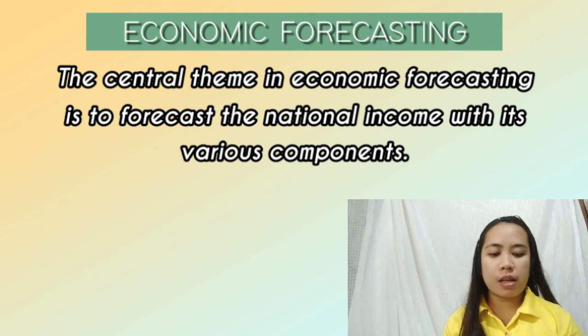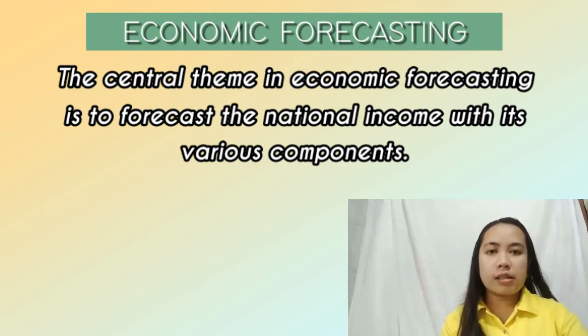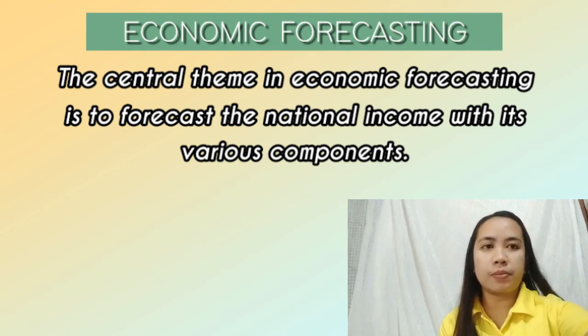The central theme in economic forecasting is to forecast the national income with its various components. Gross National Product, or GNP, is a measure of the national income. It is the total value of the final output of goods and services produced in the economy.